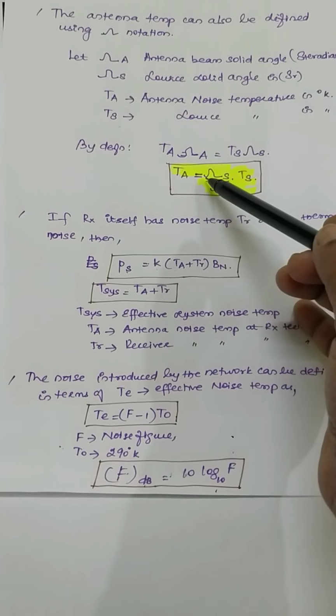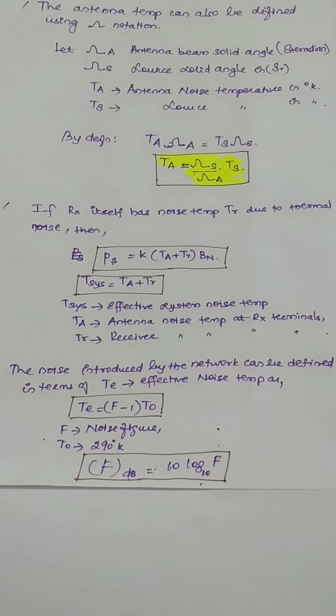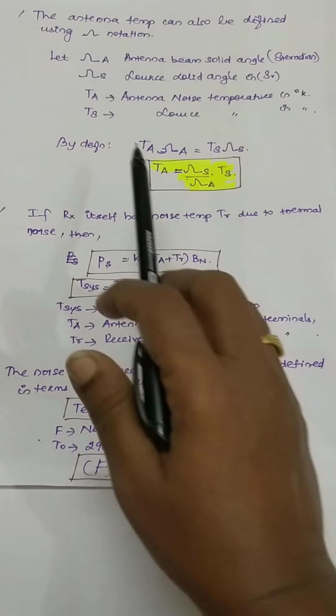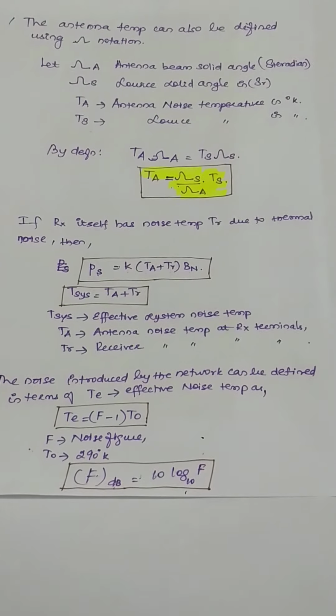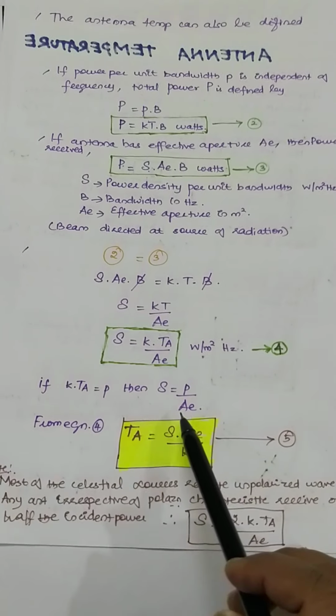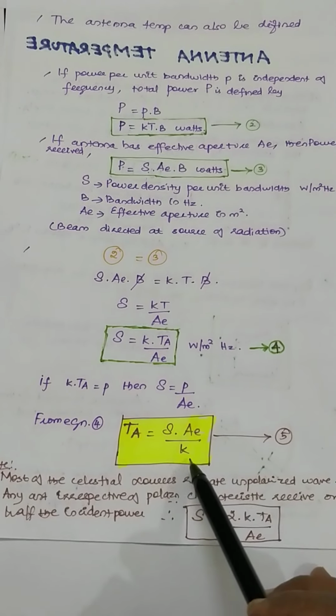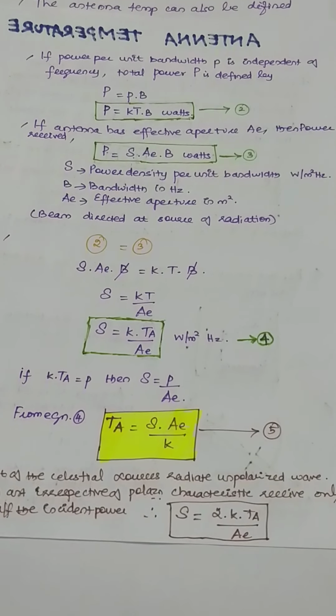Our analysis is confined to Ta, the temperature of the antenna, which is due to the analysis of two conditions, antenna beam solid angle and source solid angle, and another condition, Ta is S times Ae divided by K. This completes the analysis of antenna temperature. Thank you.